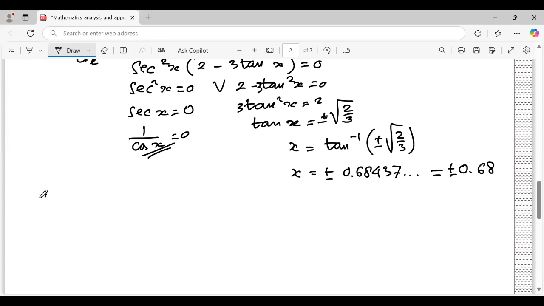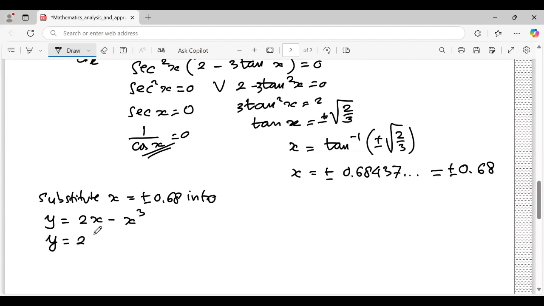Now substitute x equals positive and negative 0.68 into y equals 2x minus x cubed. y equals 2 times positive or negative 0.68 minus the cube of positive or negative 0.68, and we get the result positive and negative 1.09.